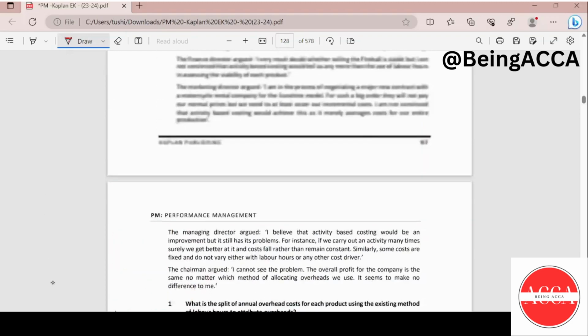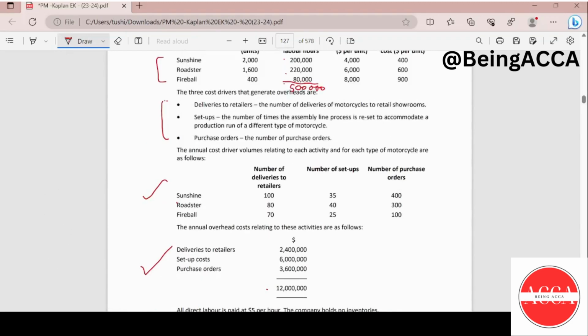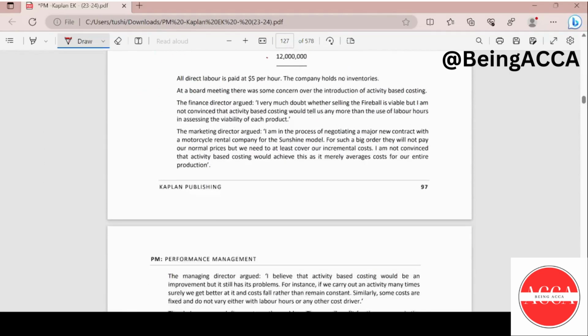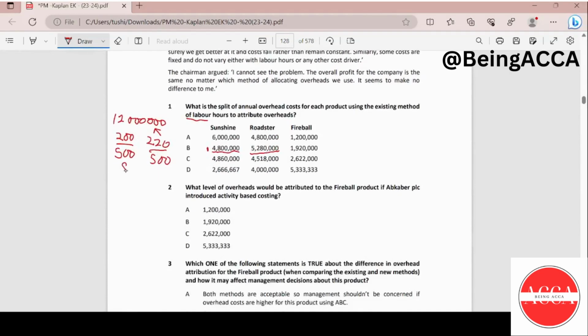And then for Fireball, even though we know the answer is this, let's still find it out. 80 divided by 500, and then multiply it by 12 million, gives me 1,920 again. So B becomes my right answer.